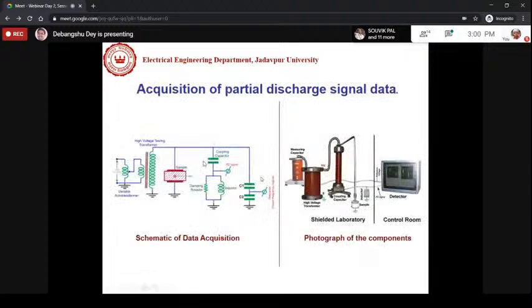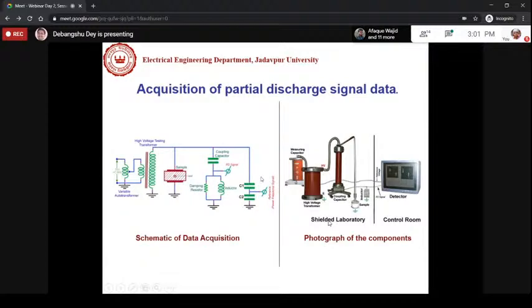And this is one particular setup. I have shown it in terms of one sample, and this setup we have also designed in our laboratory, and we have recorded the signals. Partial discharge measurement is done in that way.